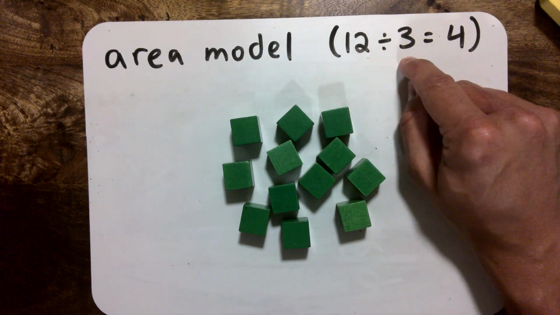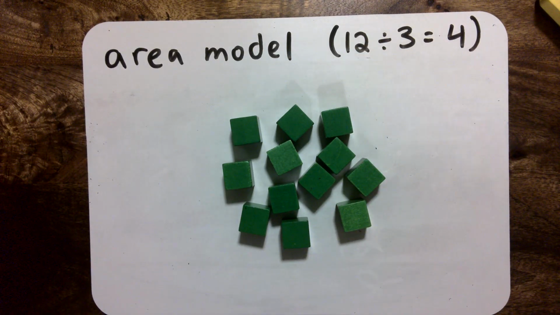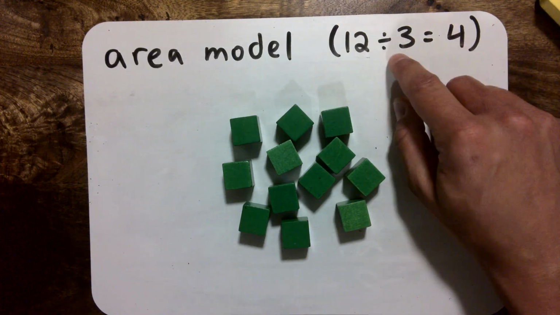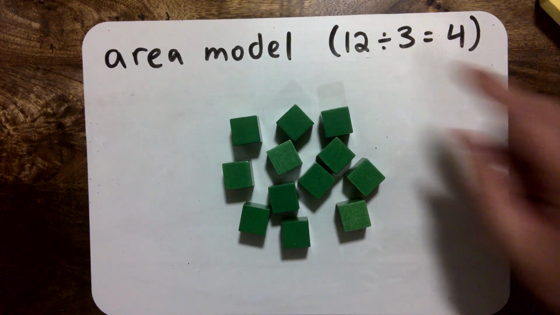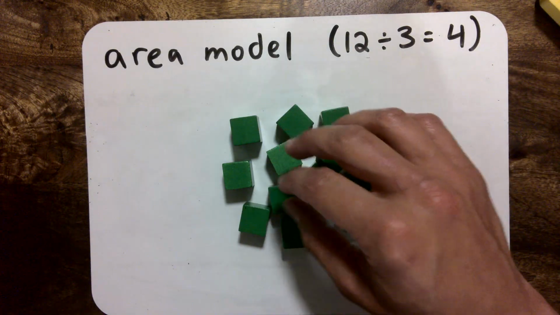Okay, so 12 divided by 3 means, if we're doing that partitive or fair sharing division, the 3 is telling me that is the number of groups that I'm going to have. And I want to figure out what is the size of each group. Okay. So again, for an area model, we can think of that group as being either rows or columns. I'm going to just show this for rows.